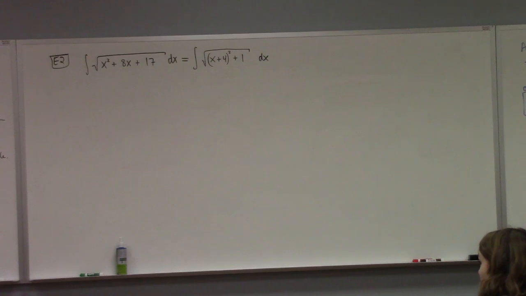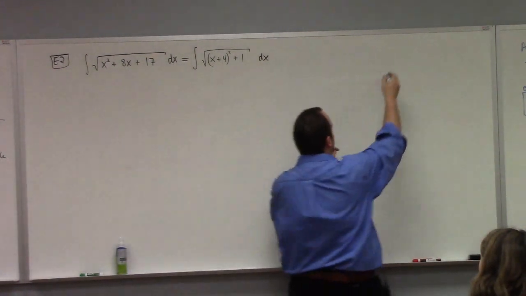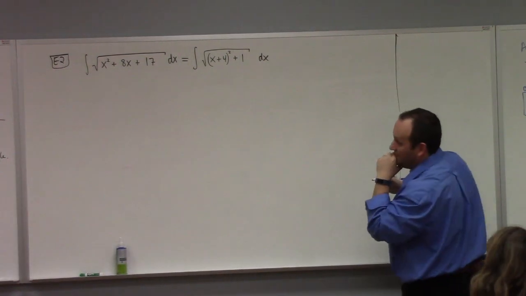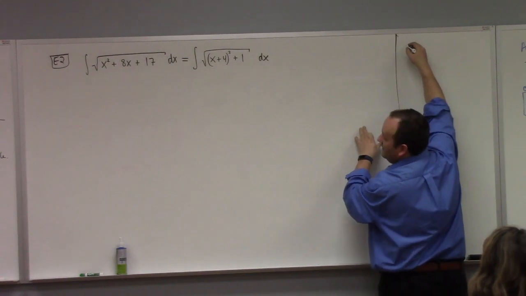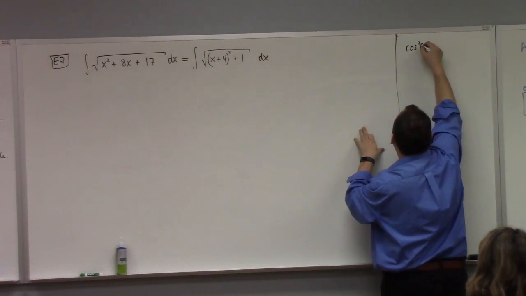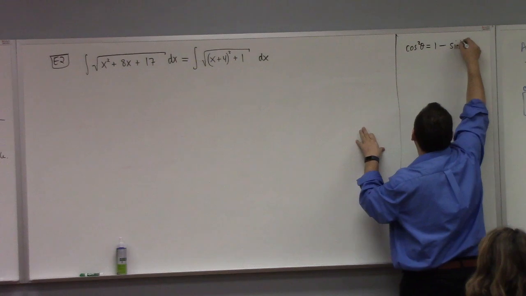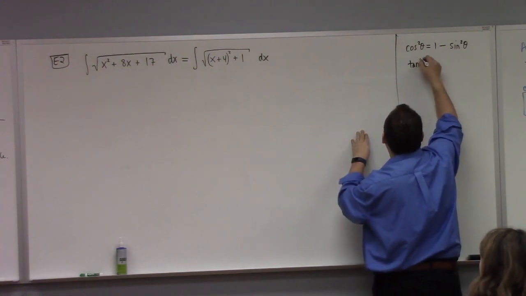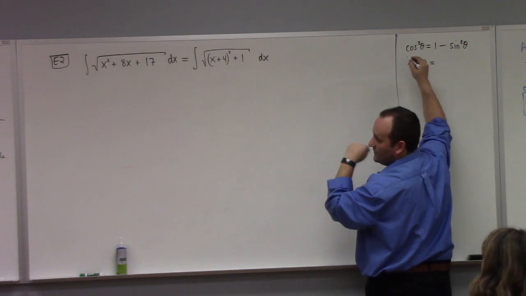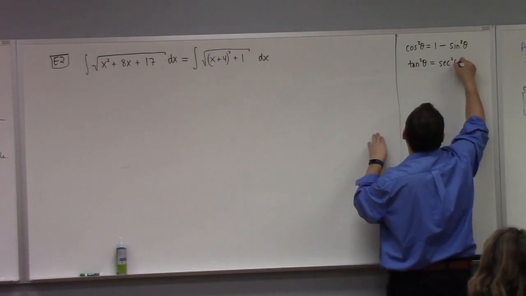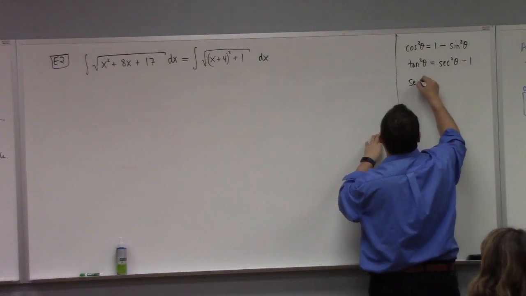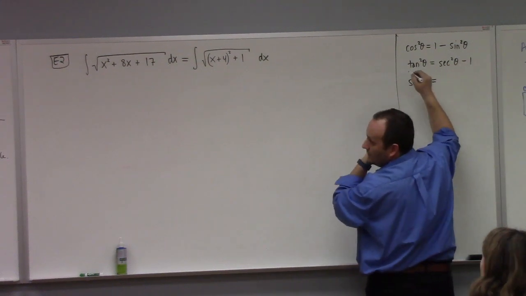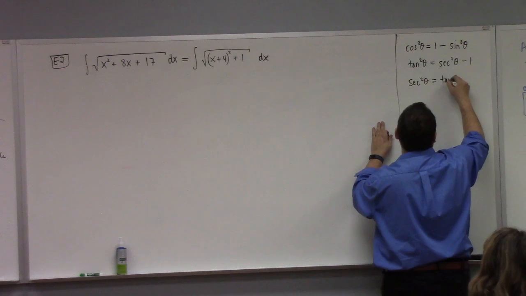There are sort of two natural choices here. So these trigonometric identities, let me write them down again. Cosine squared theta is 1 minus sine squared theta. We can also solve for tangent squared theta, which is secant squared theta minus 1. Secant squared theta is tangent squared theta plus 1.